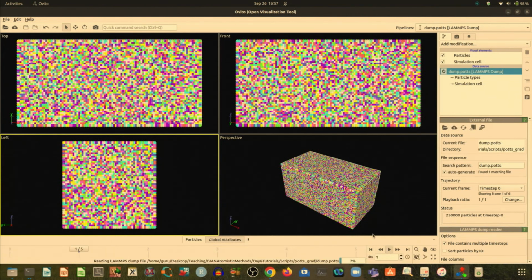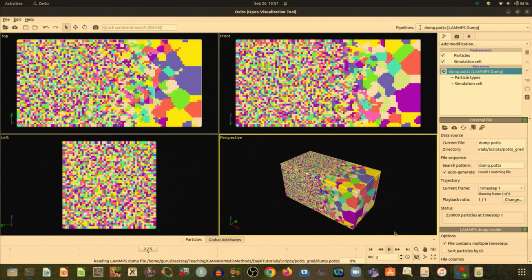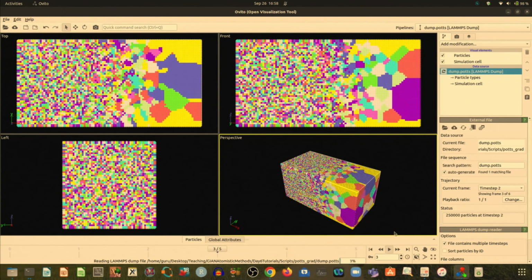Okay, so let us try. It takes time, but one end is at high temperature, the other end is at low temperature, so you will see grain growth happening more on the higher temperature end and less grain growth on the other side. That is what this code does. This is an example script that you can go take a look at.